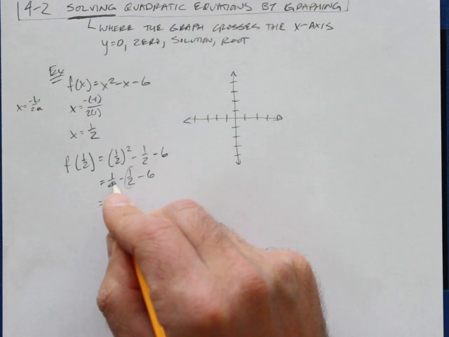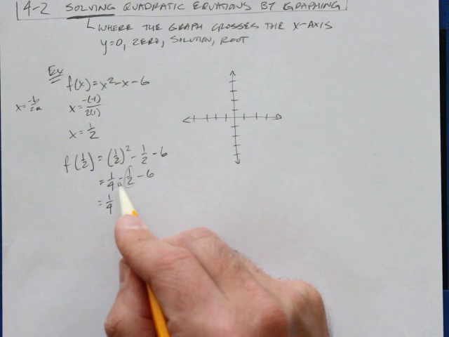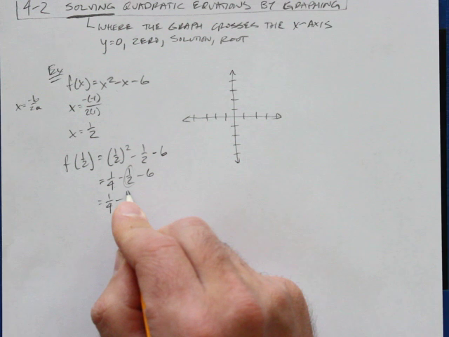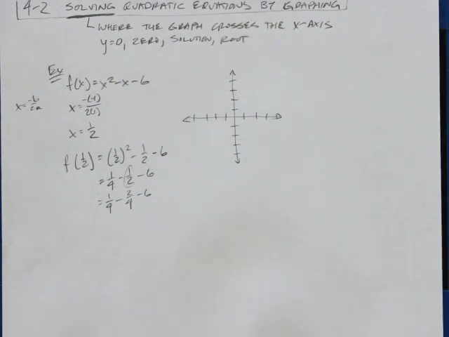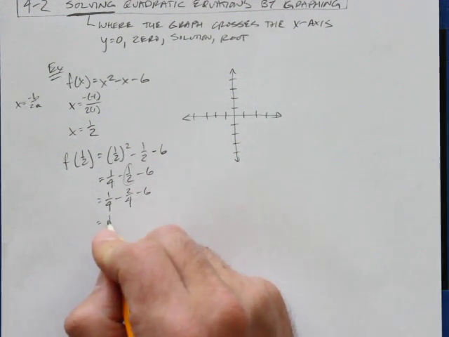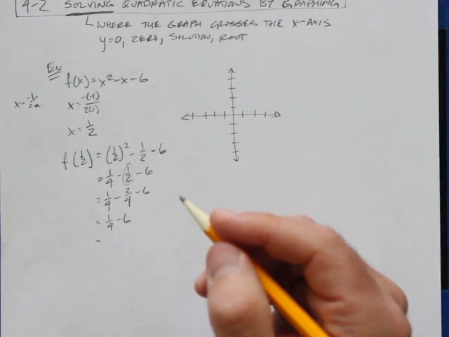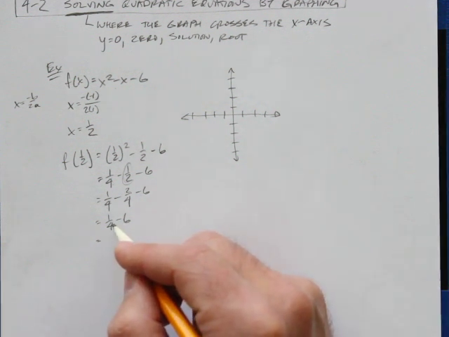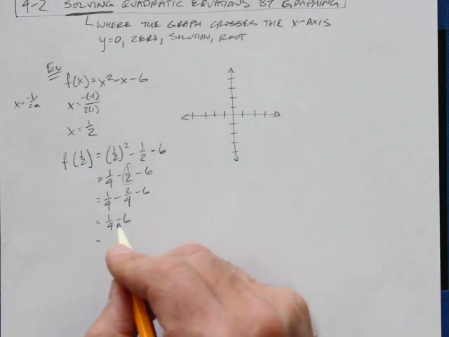1/4. In order to combine these terms, I've got to change these to have the same denominator. So 1/2 with the denominator 4 is going to be 2/4. Minus 6. 1/4 minus 2/4 is, 1/4 minus 6 equals 1/4 minus 6 is negative 5 3/4.